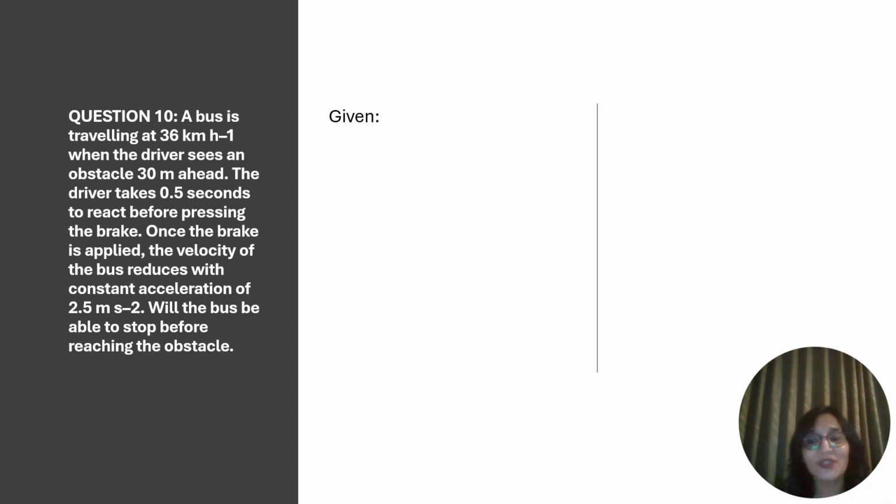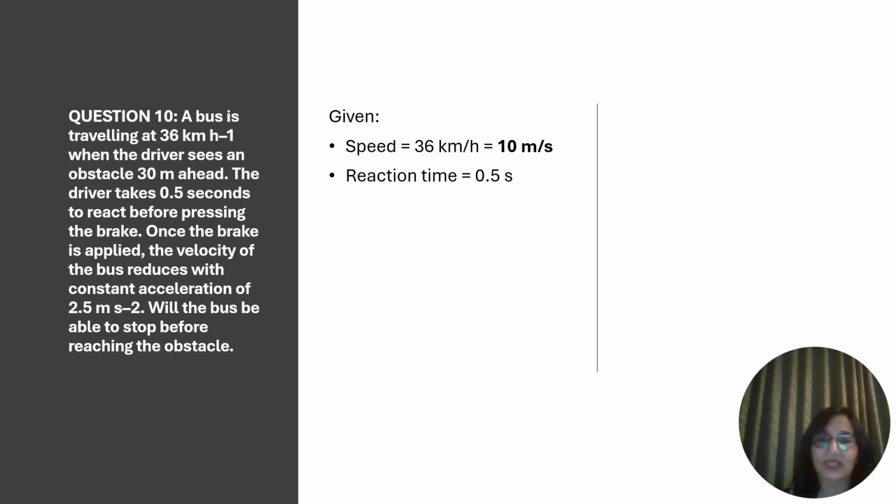So first thing you have to remember, what is given? Speed, that is 36 km per hour. You need to convert it into meter per second. Now here, what is the time mentioned? The driver takes 0.5 seconds to react. So you can mention reaction time or only time, that is 0.5 seconds.